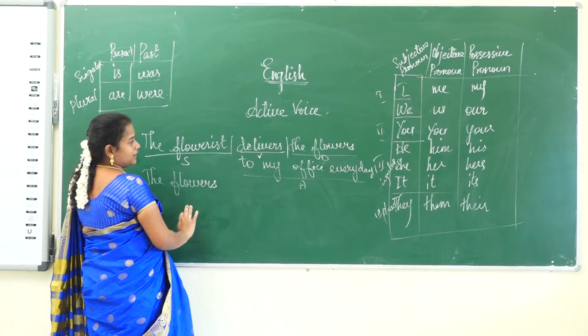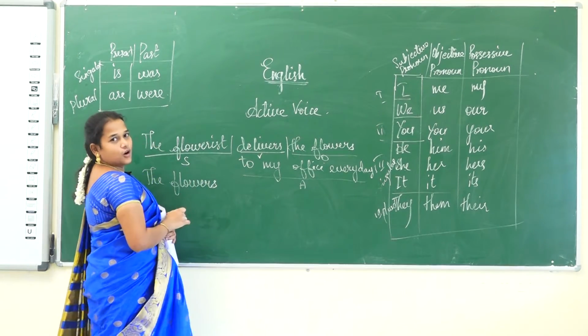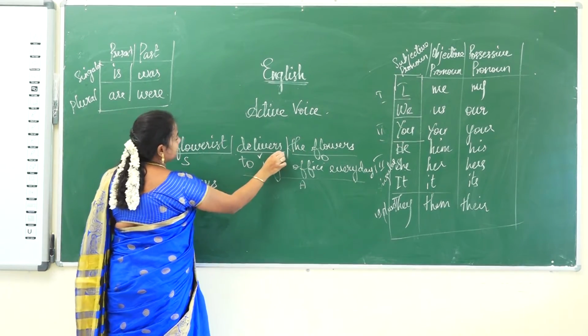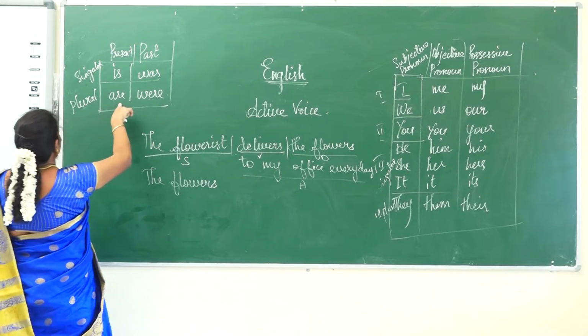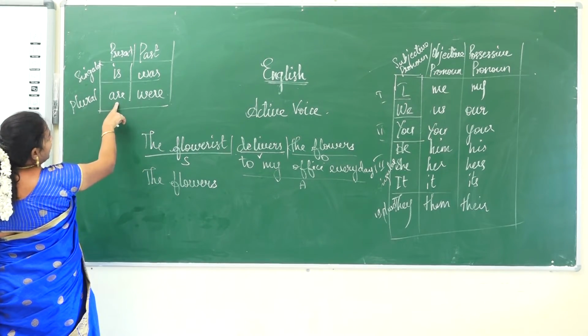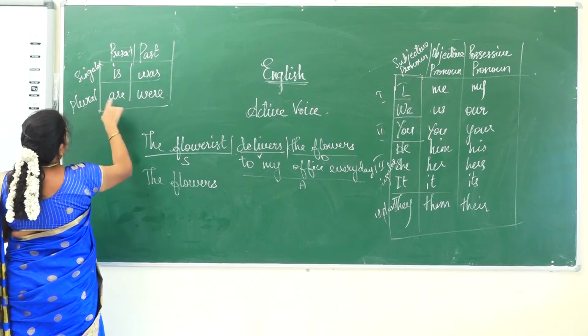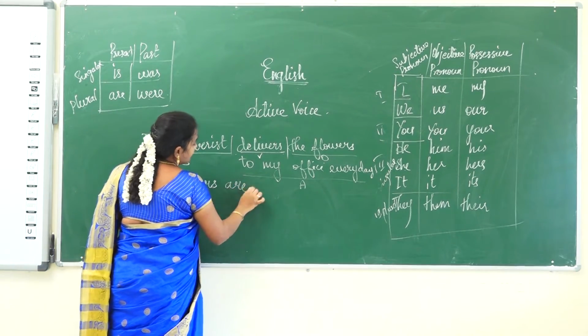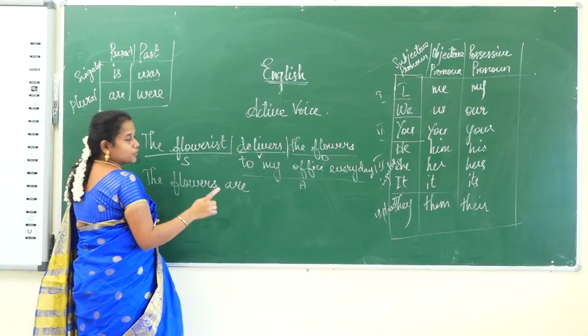If it is singular, then we have to put is. Okay, here the flowers. So, here it is a present tense. Which is the plural present form? Are. So, we have to write the flowers are, this deliver will change into delivered.